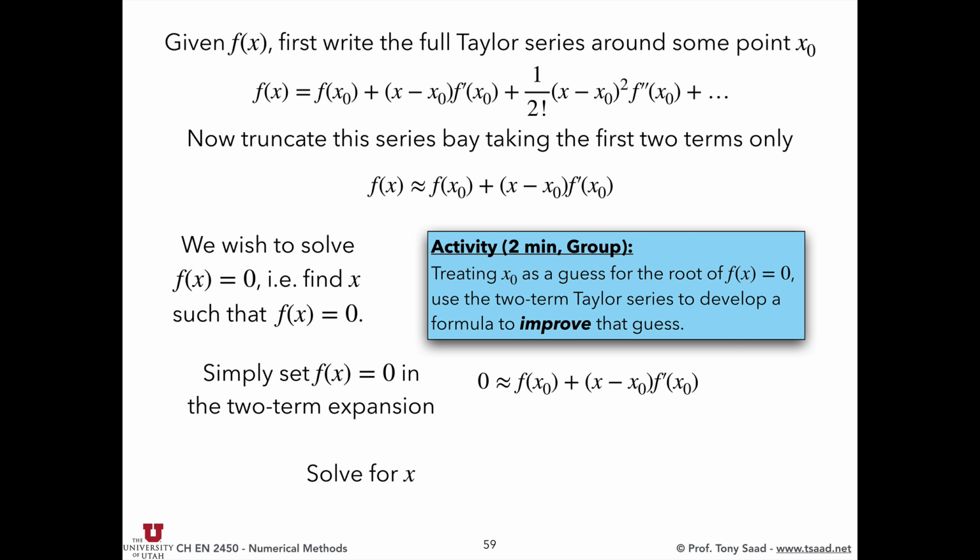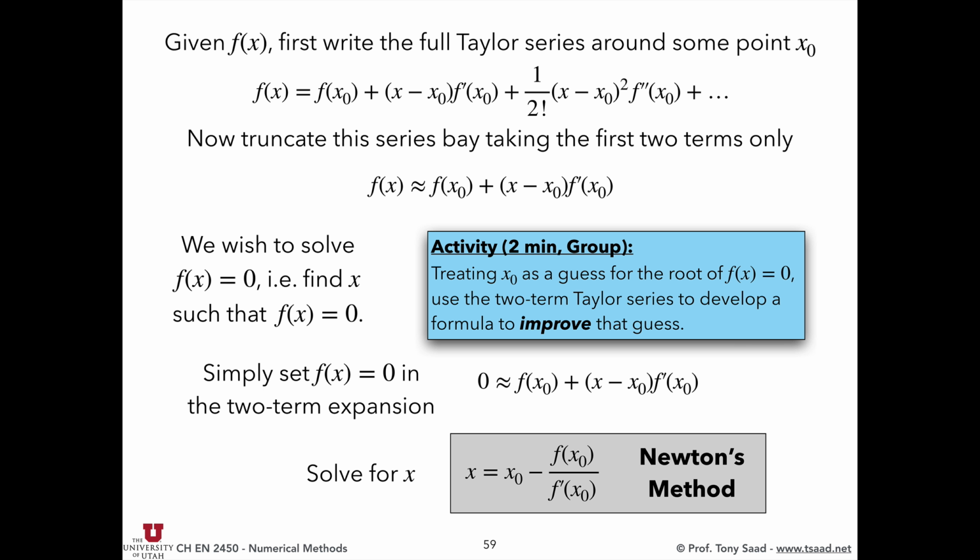So simply we solve for x, and that gives us x equals x naught minus f of x naught over f prime of x naught, and that is Newton's method. So you can think of this formula as simply one step in an improvement of x naught. Right? Now we can use that new x and apply the same formula over and over again until we reach the root. And lo and behold, this method does converge most of the time.